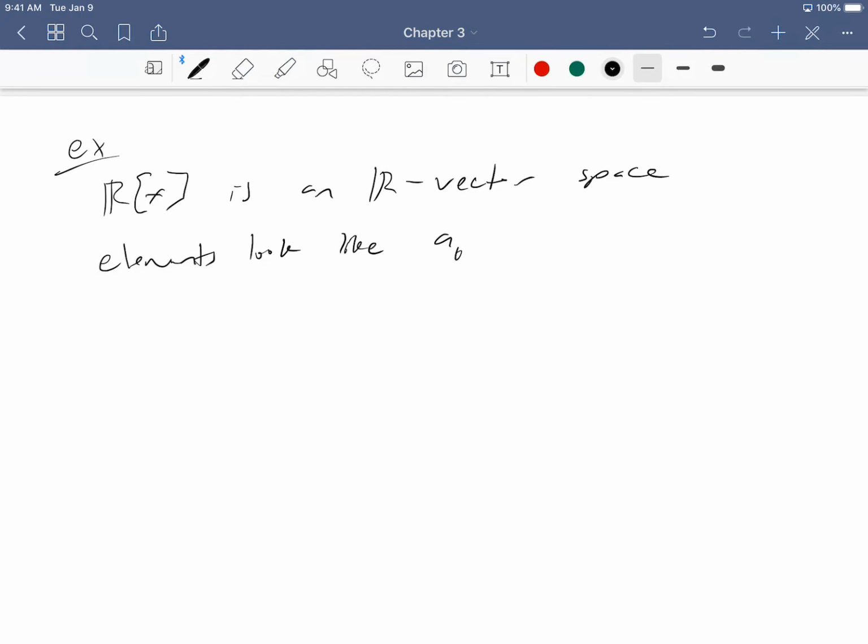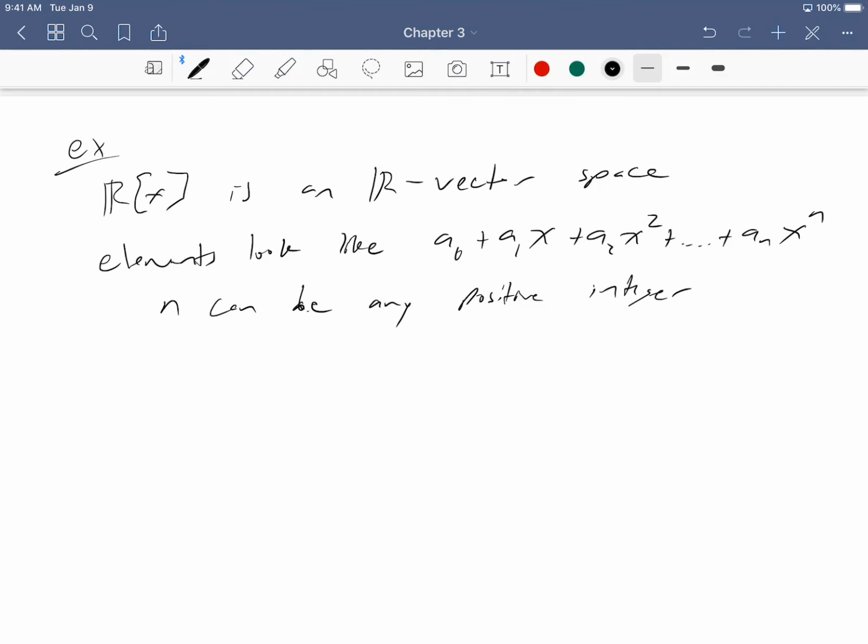And so they looked like there was a constant term, a linear term, an x squared term. At some point, they ended with whatever the degree of the polynomial was. Here I've written it as n. Okay, but n can be any element of Z, so any positive integer.